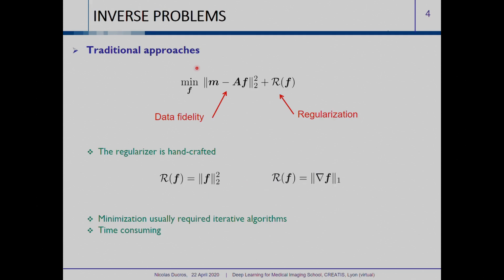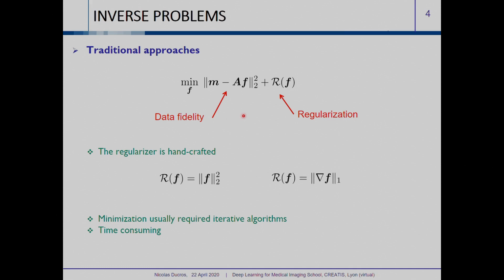Traditional approaches for image reconstruction minimize a cost function that has two terms. The first term is a data fidelity term, and the second term is a regularization term. So let's have a look first at the data fidelity term. We said that we want to invert a linear system of equations, M equals AF.